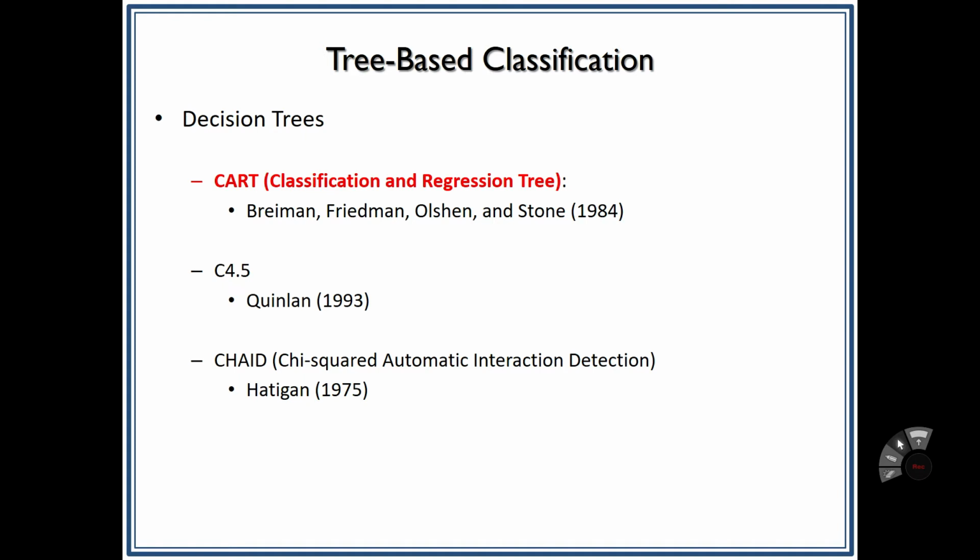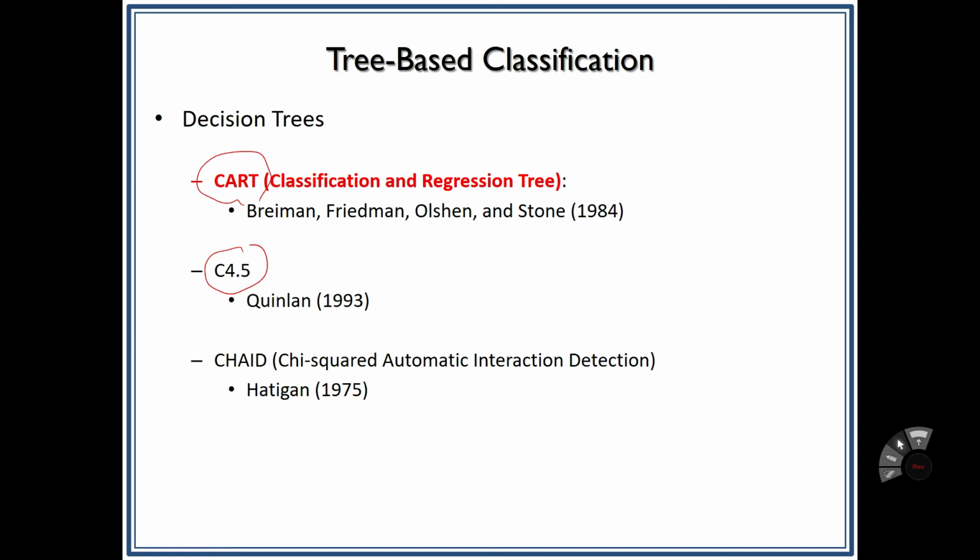And earlier than those, actually there is an original decision tree, whose name is chi-squared automatic interaction detection, which was developed in this year, quite a long time ago. In fact, these days people really do not use this CHAID method, but CART and C4.5 are very often used methods.